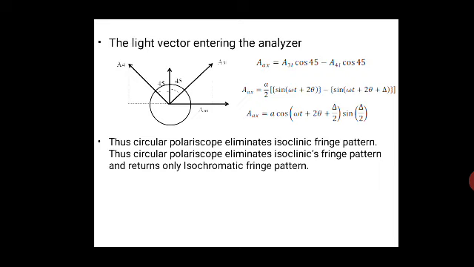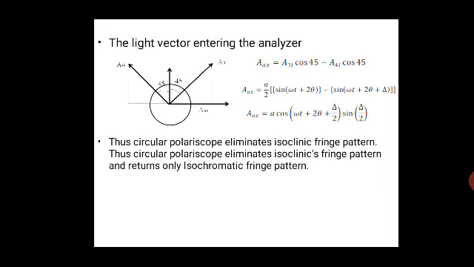And the light vector entering the analyzer I can take as Ax equal to A3 cos 45 minus A4 cos 45. Or we can rearrange this as Ax equal to A cos of omega t plus 2 theta plus delta by 2, times sin delta by 2.